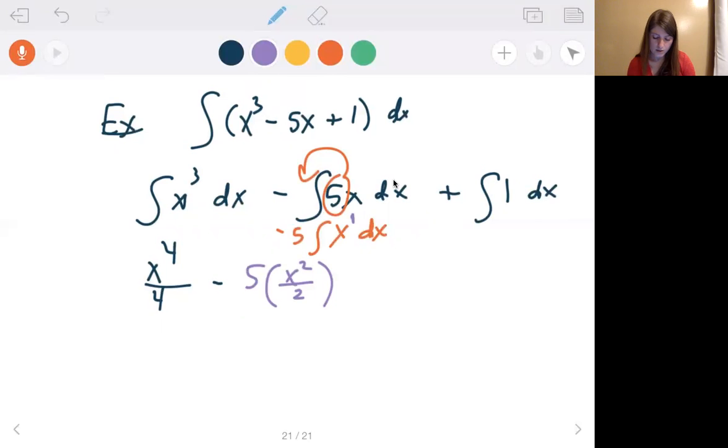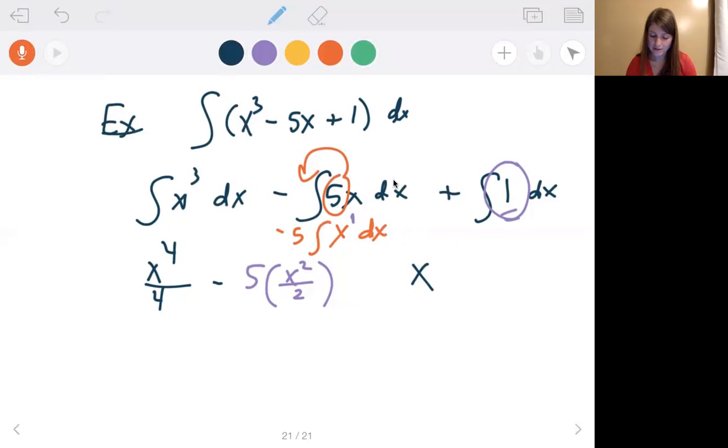And then additionally on this guy, what we're really asking is, what do I integrate? Or excuse me, the integral of 1 is asking me, what can I differentiate to give me back 1? And if you think about what you differentiate to get 1, it's just x. You differentiate x, you get 1. Think about it like 1x.